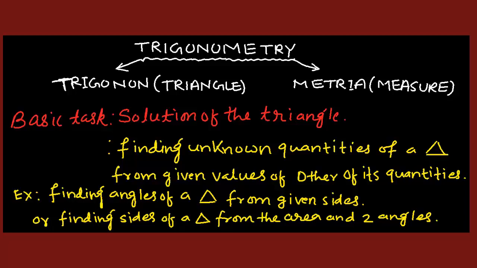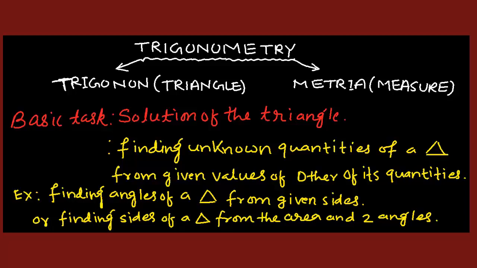Trigonometry basically consists of two Greek words, trigonon, which means triangle, and metria, which means measurement. So what is the basic task of trigonometry? The basic task of trigonometry is to solve a triangle, or we can say it gives us the solution of the triangle.